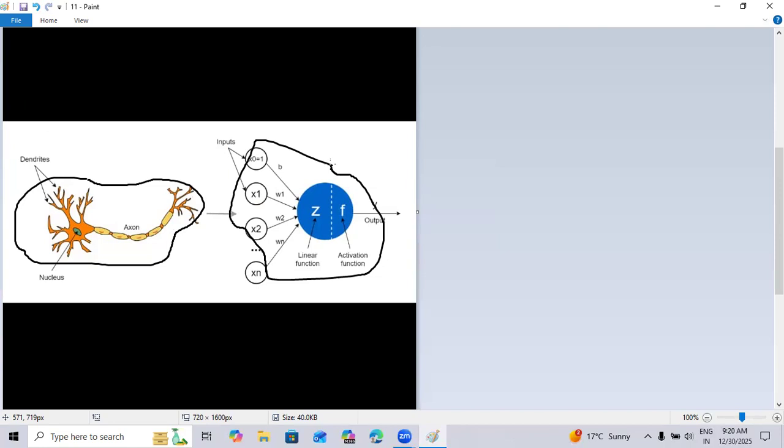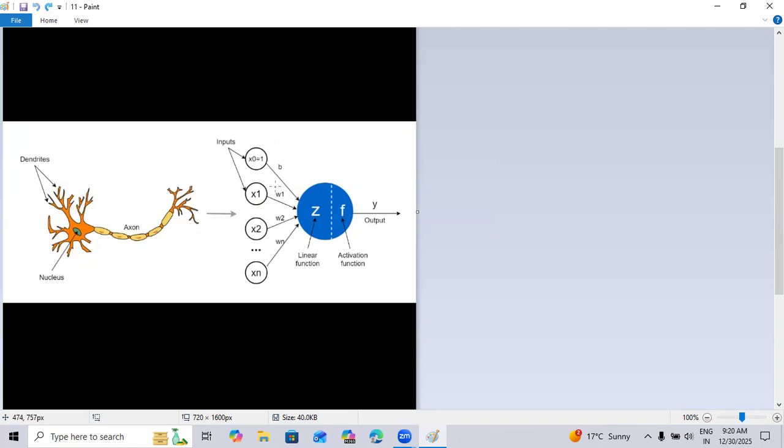A neuron has four main parts: first, inputs; second, weights; third, bias; and fourth, the activation function. Inputs are the data values. Weights mean the relation of importance between the neurons and the hidden layer.